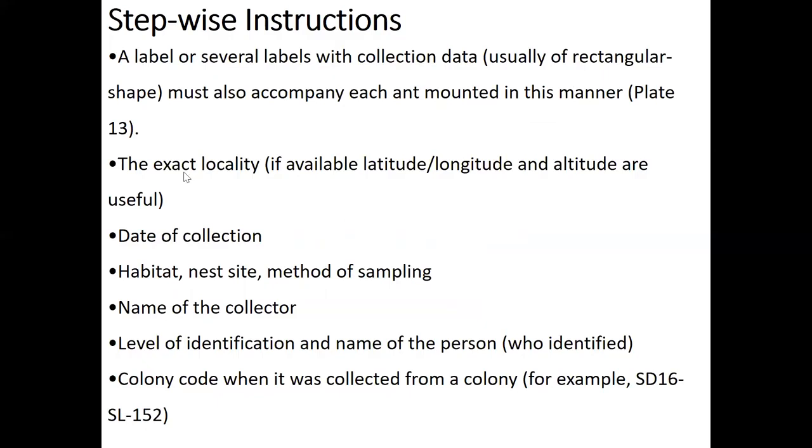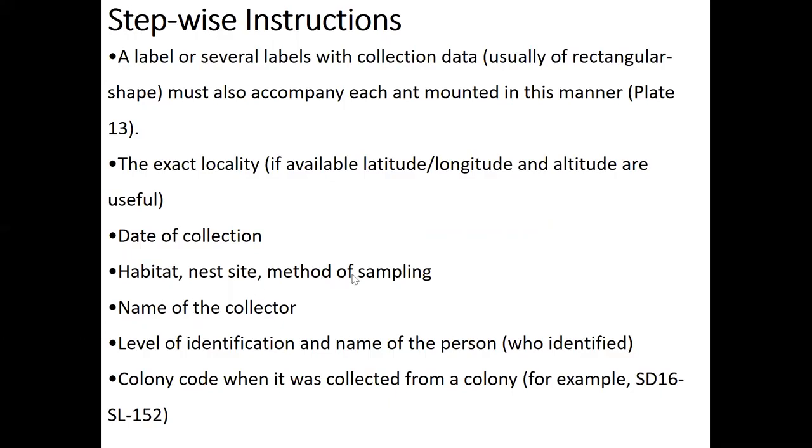So in the label, what would you write? You're supposed to write the exact locality where the ant was collected, if available latitude or longitude and altitude, and date of collection. Usually you write this information using a pencil.